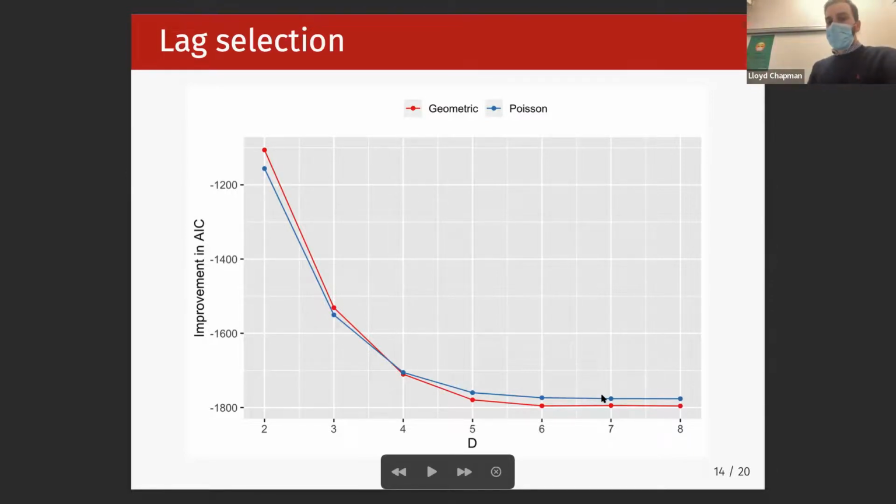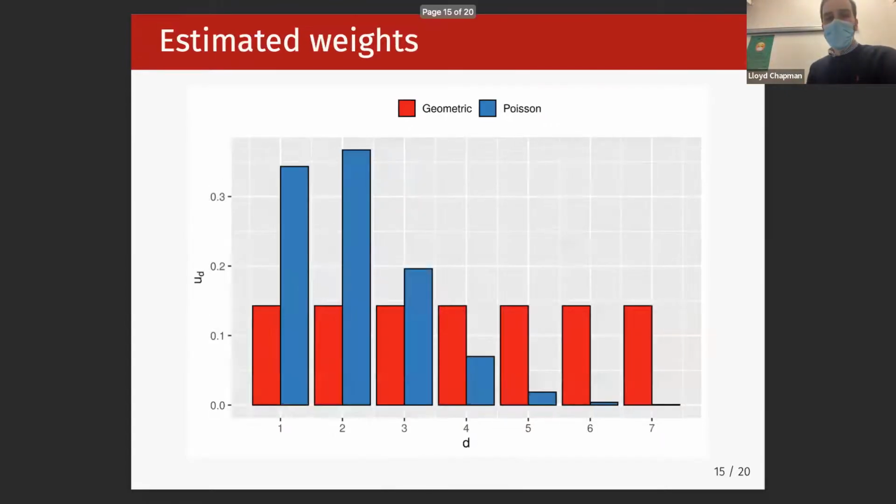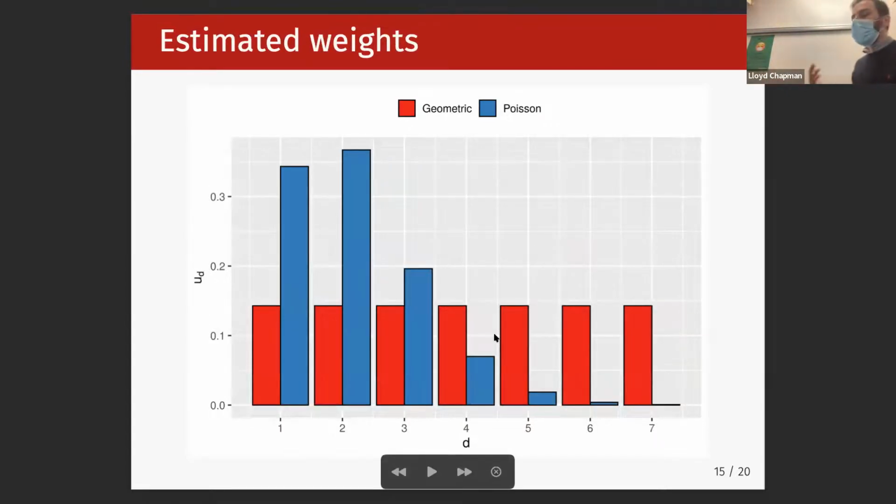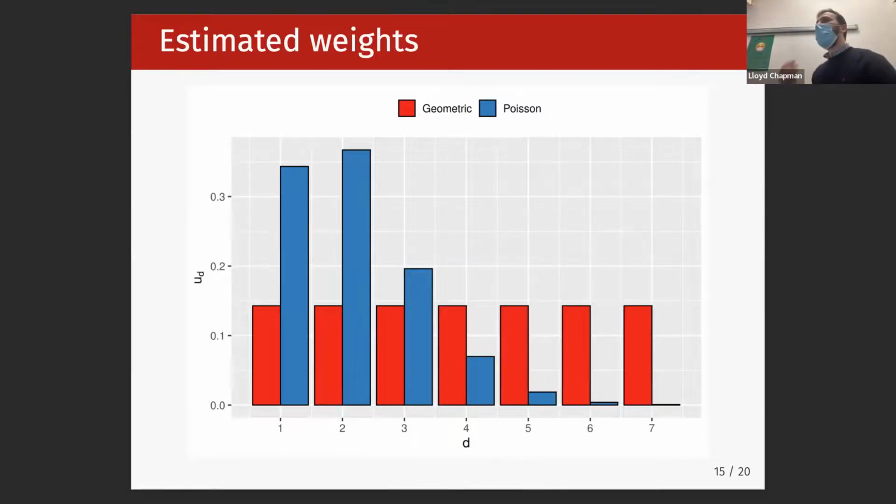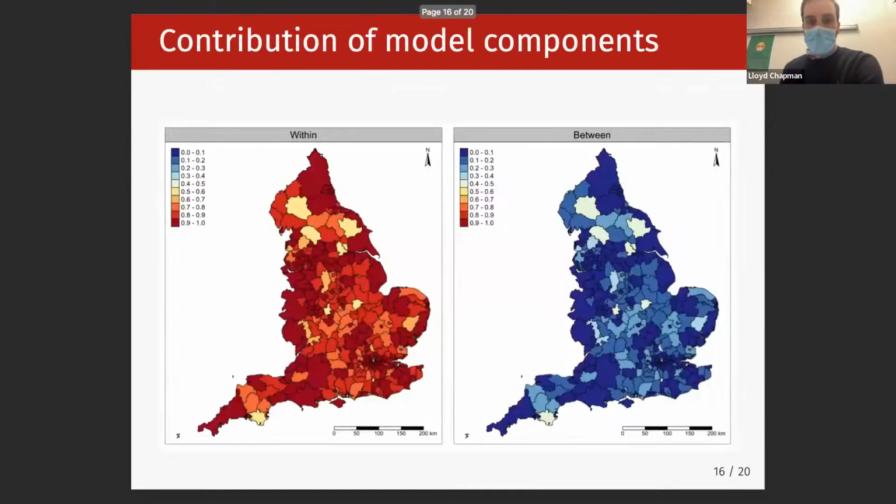So then we fitted 2 models with those lags, and according to this, there is a smaller advantage to using geometric as compared to Poisson weights. But when we look at the estimated weights, Poisson weights made more sense from an infectious disease point of view, because this distribution, the blue one, represents much better what we saw in other research on the serial interval distribution for COVID-19.